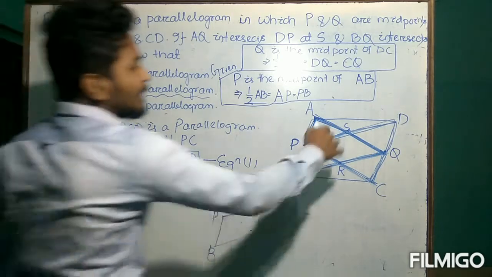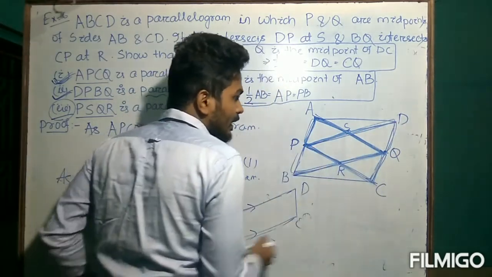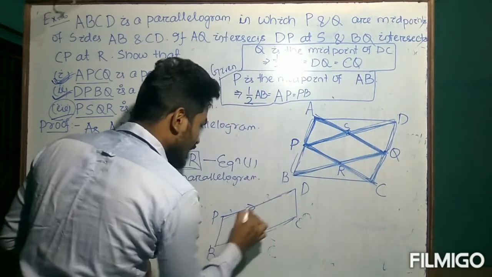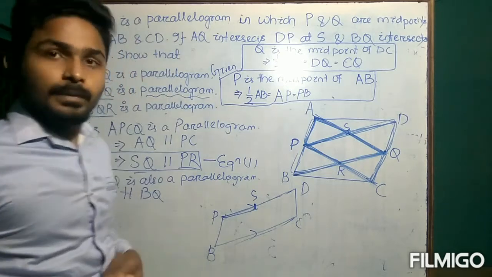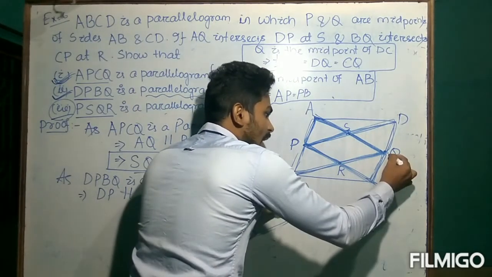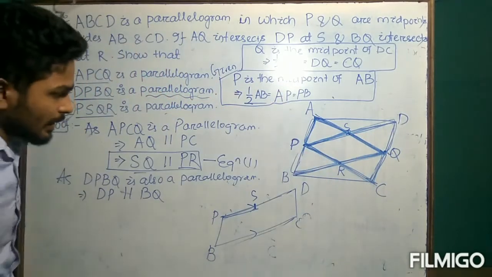Now look at this figure. If we consider DP as a side, then PS is a part of this DP or not? Yes. Suppose this is S. So PS is a part of DP. Similarly, if we consider BQ as a line, then RQ is a part of BQ or not? Yes.